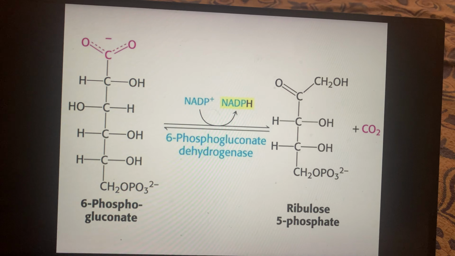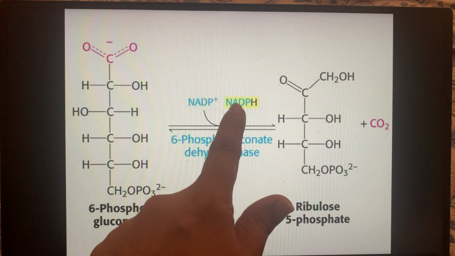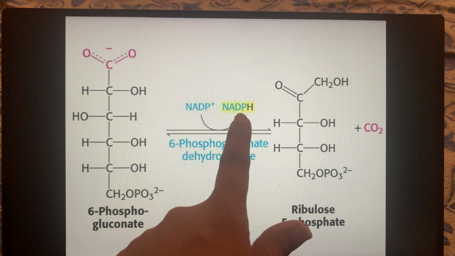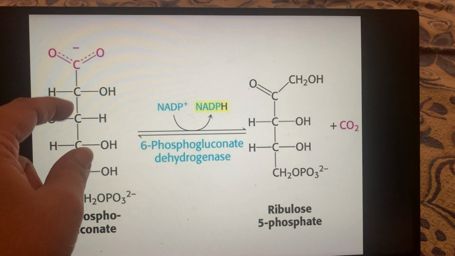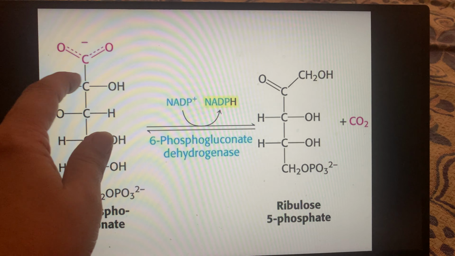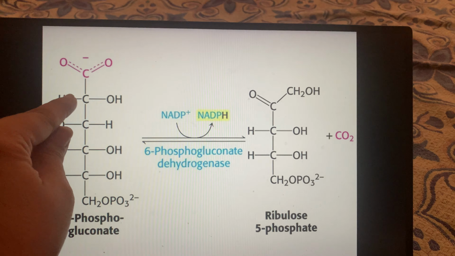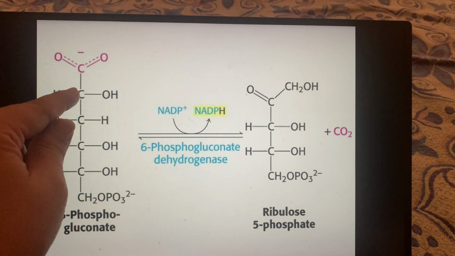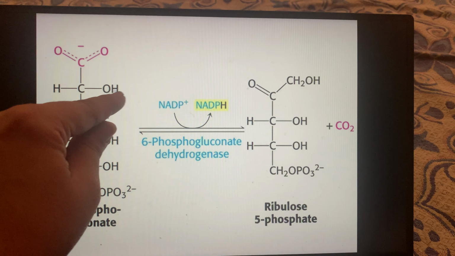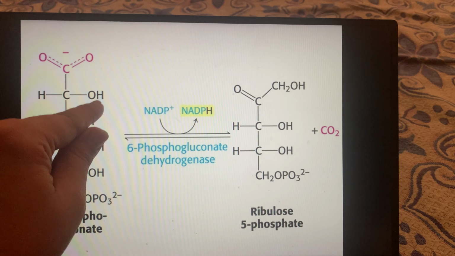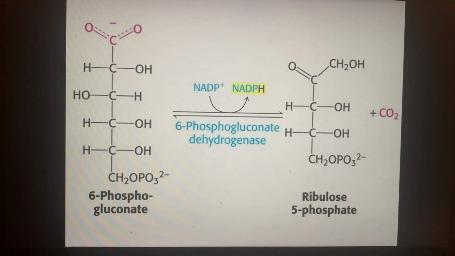6-phosphogluconate, in the presence of 6-phosphogluconate dehydrogenase and NADP plus, produces NADPH, and again here hydrogen, from where it is coming, this carbon dioxide will be released as CO2 here, pink. And here there is the removal of hydrogen from here, it comes this way, and there is the formation of I guess CH2OH.